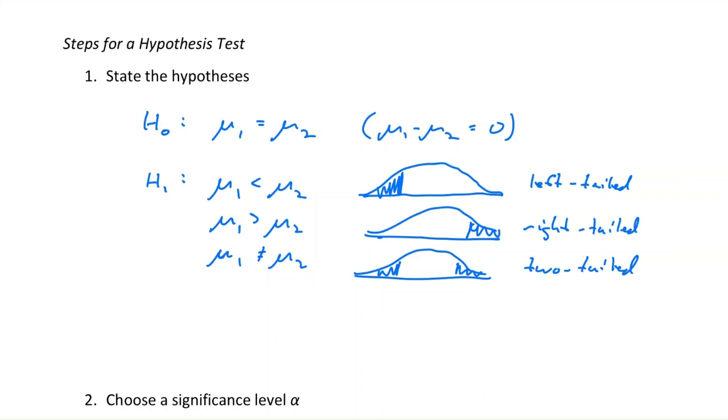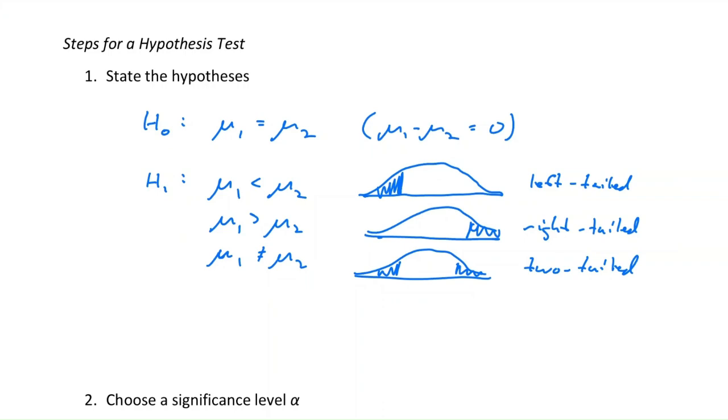Now, oftentimes this doesn't really matter when we think about the area, for example, and which side we're on. If I'm using a table, oftentimes a table will look to one side or the other, and so you have to be conscious of that, because sometimes you have to do 1 minus the value in the table. In most of the problems we do here, with mean in particular, we're going to be using a t-table, not a z-table.